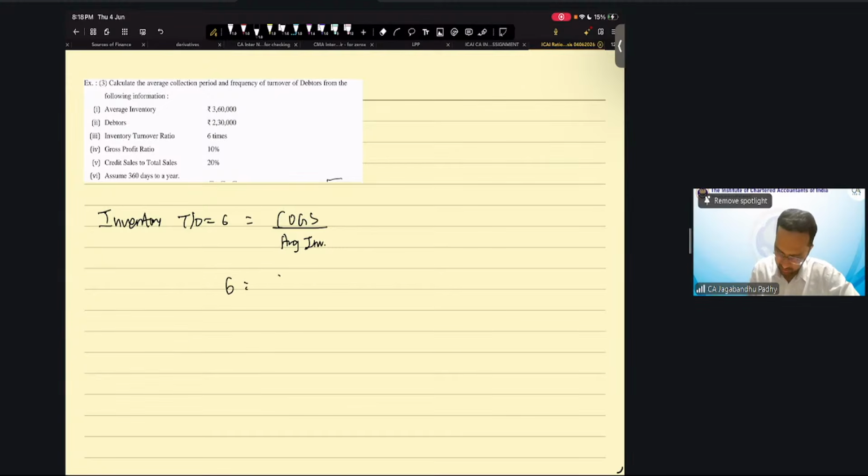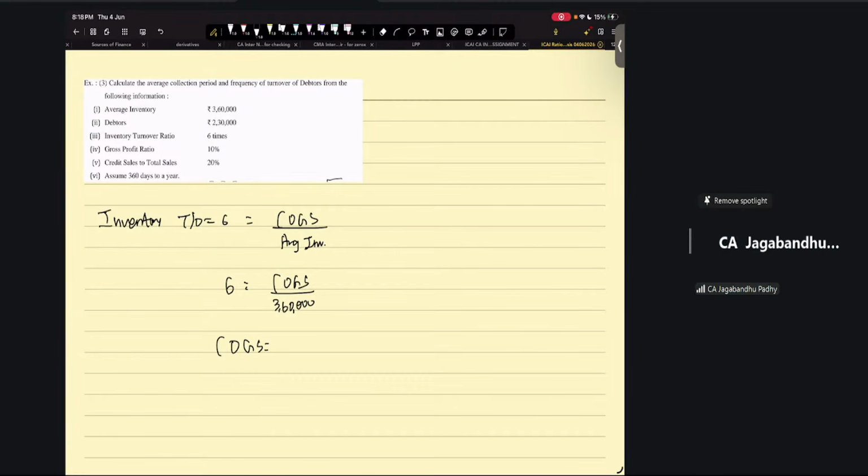So we have 6 is equal to COGS divided by average inventory, 3 lakh 60,000. So what will be the COGS value, if average inventory is 3 lakh 60?